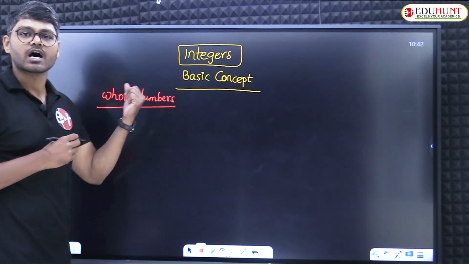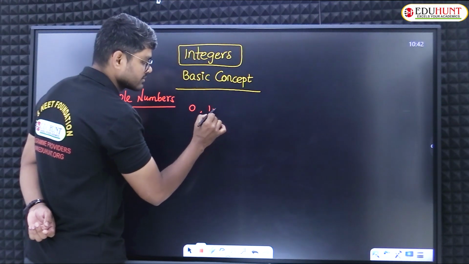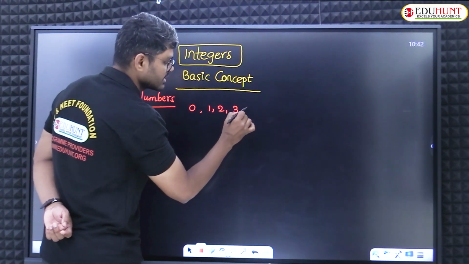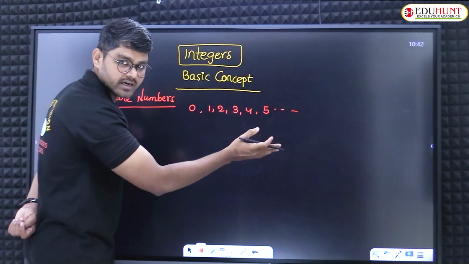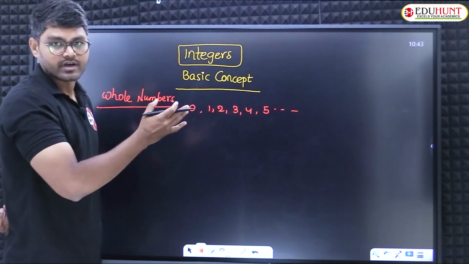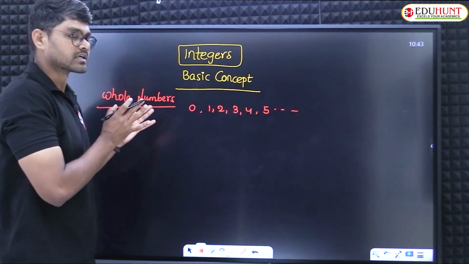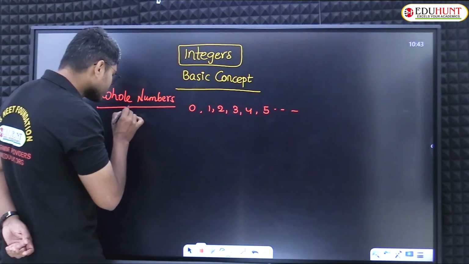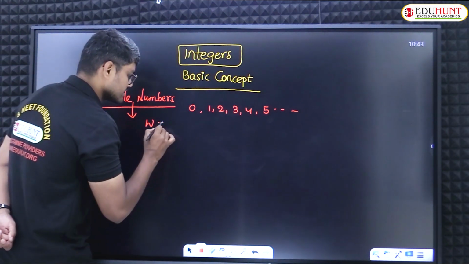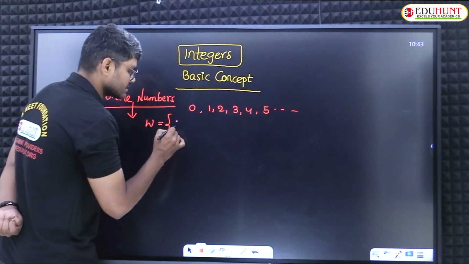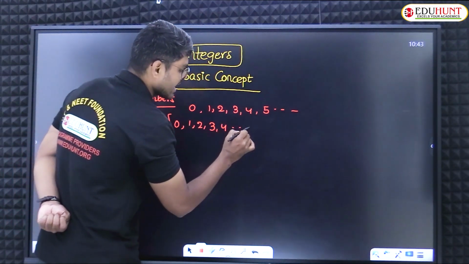Next, whole numbers. Whole numbers start from 0. That means 0, 1, 2, 3, 4, 5 and so on till infinite. The number of whole numbers is also undefined. We cannot count how many numbers are there. These whole numbers are denoted by W is equal to the set of 0, 1, 2, 3, 4 and so on.